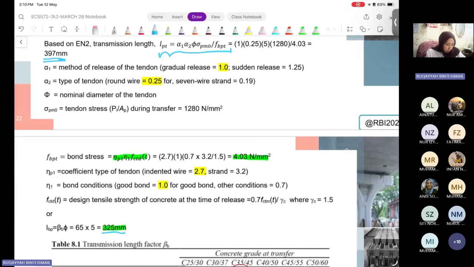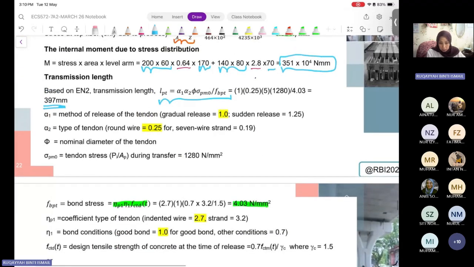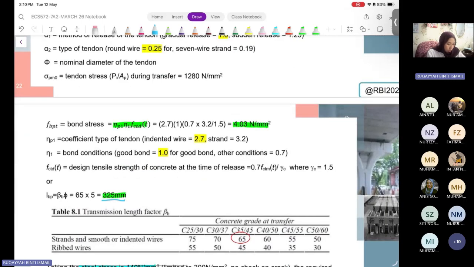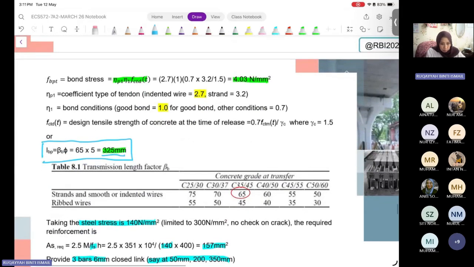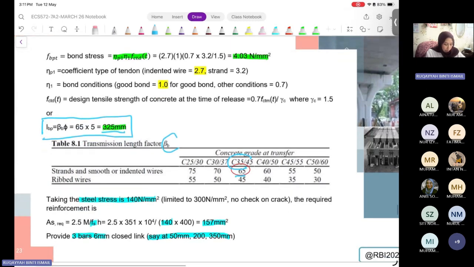Once you get your transmission length value, you can take 397 mm as your transmission length, or you could use this formulation. Either one: you use that formulation or you can use the table. To use the table, you need to find your beta B. Beta B can be found from the concrete grade and the type of wire, so here you take 65 multiplied by the diameter, which is 5.